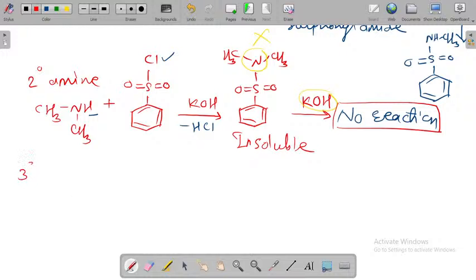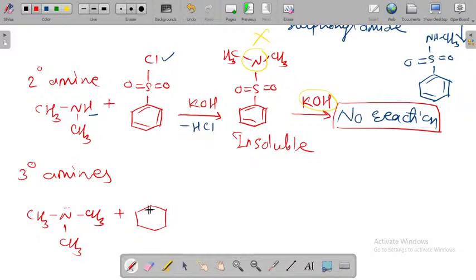So what happens with tertiary amines? Now see here, if tertiary amines are taken, CH3 CH3 CH3, on reaction with benzene sulfonyl chloride, this reaction is very important.